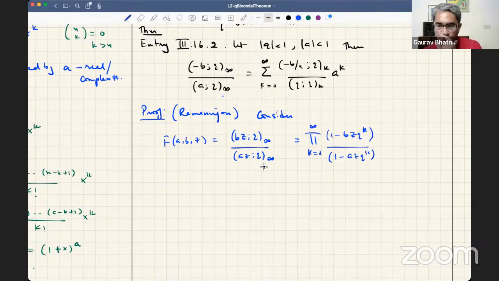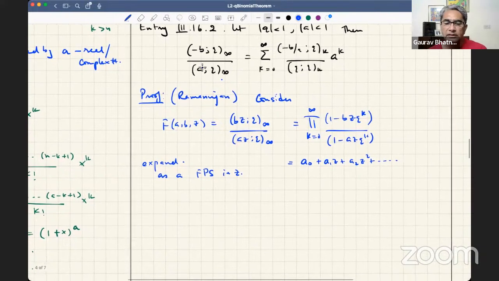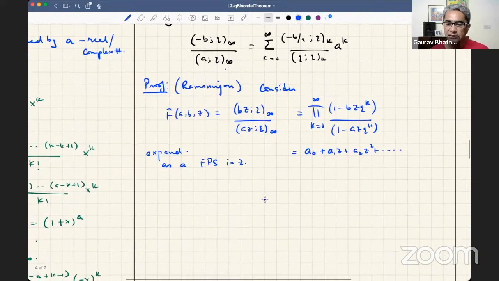So we had seen such products come up in the Rogers-Ramanujan identity, so it's quite natural to consider some kind of thing like this, and we expand it as a power series. So you could take it to be a formal power series in z. So there's no analysis here, it's just addition, but you just expand it over here.